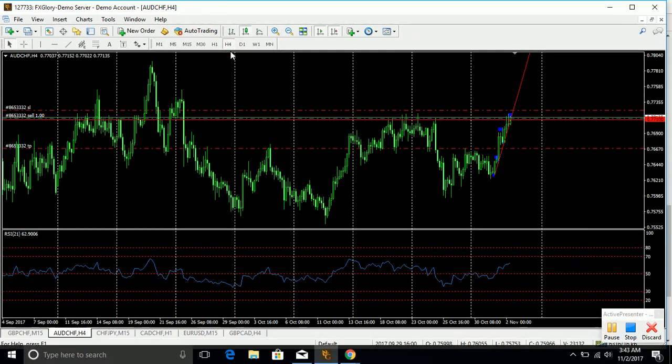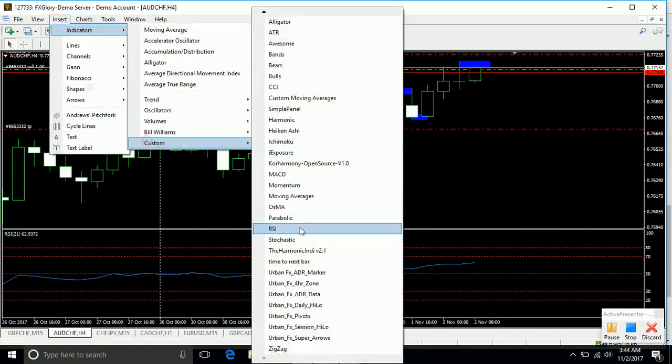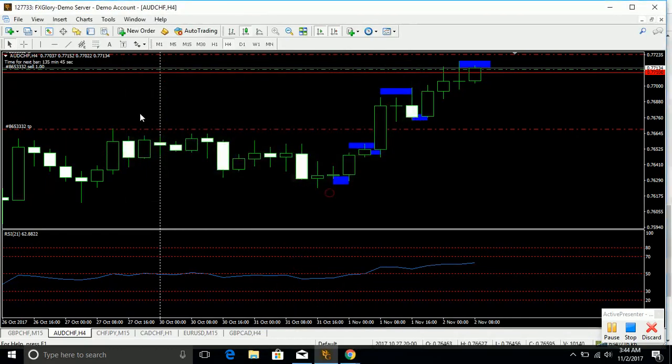Let's see here. Let's remove this out of the way. Now this is the 4-hour time frame I'm looking at, and we have 2 hours and 15 minutes before this candle closes. So let's go to the 1-hour chart.